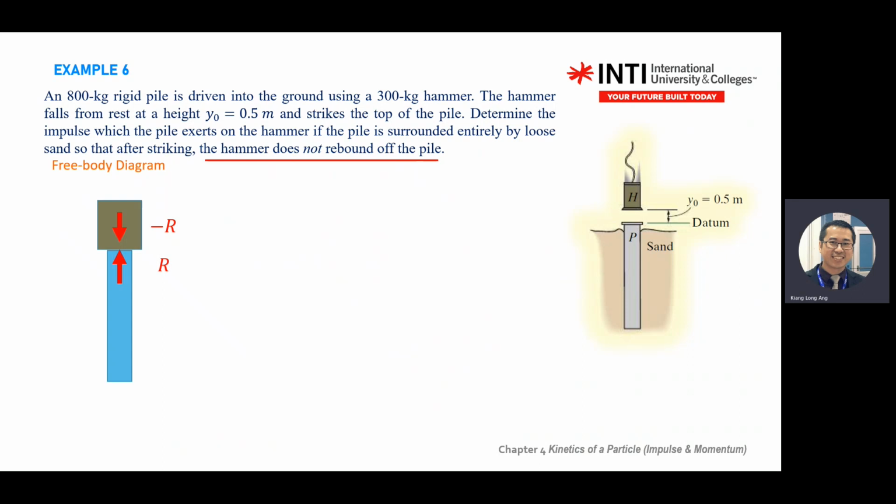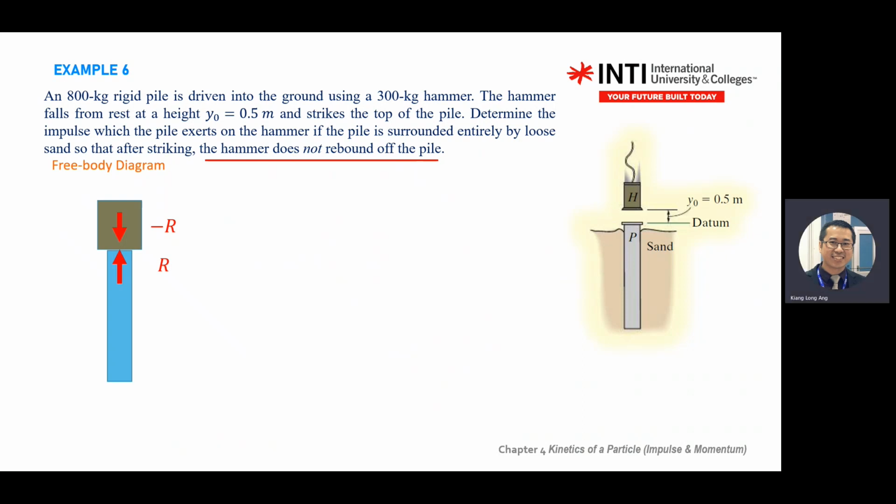I use R, you can use F. In this case, I use R, the resultant force between two bodies, on the interface there. So for the hammer, again, you hit something, you feel something hitting back. So the arrow will be pointing towards the hammer. For the hammer it is below, R. For the pile it is above, negative R. So each body has a different feeling, although both are feeling something hitting their body.